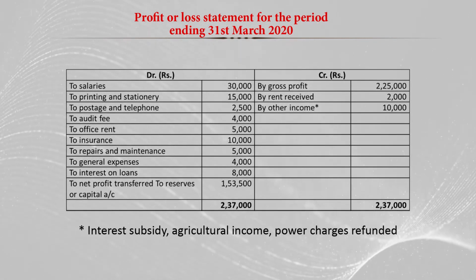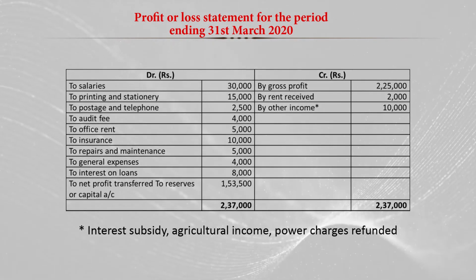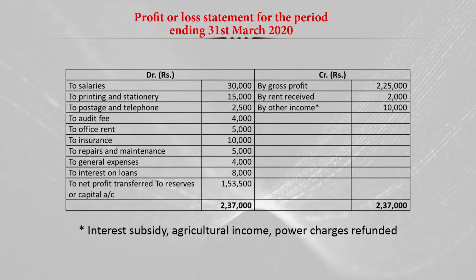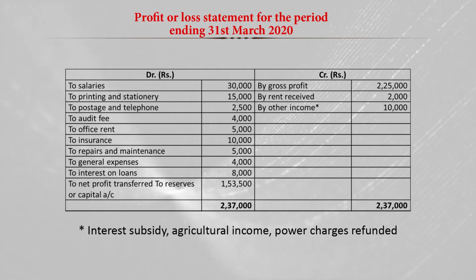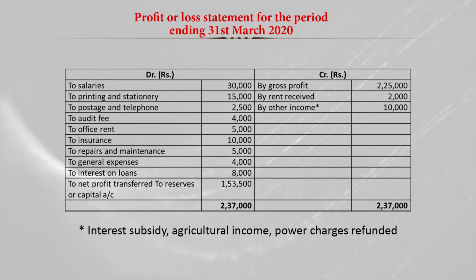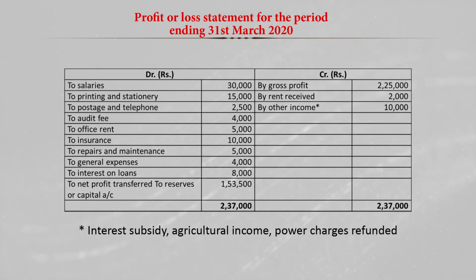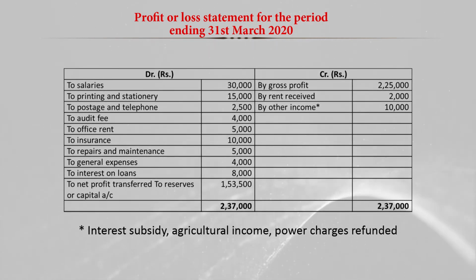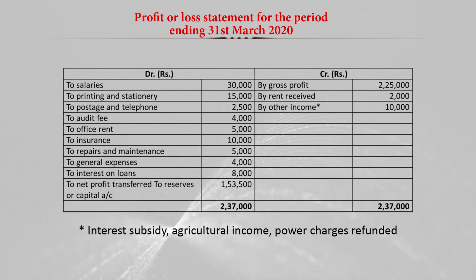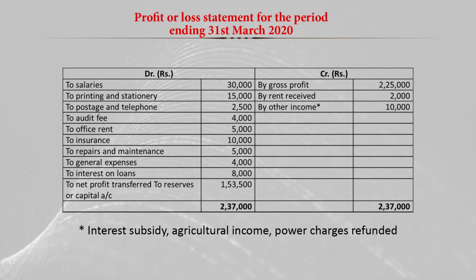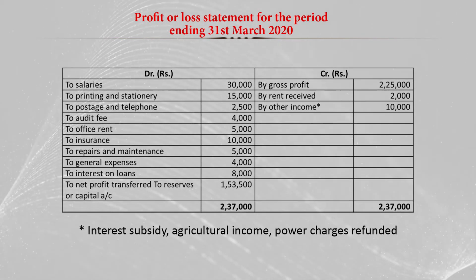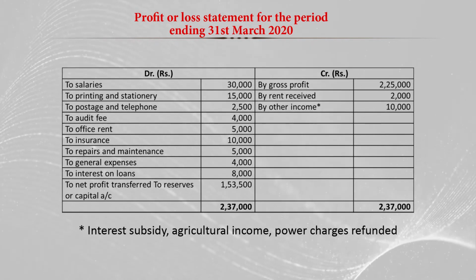And then on the other side we have presented the gross profit, that is 2,25,000, and the rent received, that is basically other income, 2,000. Then there are other incomes like 10,000, other income in terms of interest subsidies on agriculture loan, and some power charge refunded by the government. So total revenue here is 2,30,000.